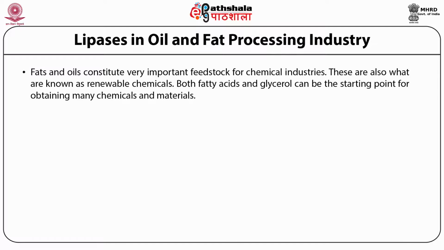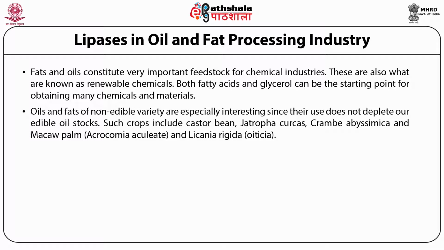Fats and oils constitute very important feedstock for chemical industries. These are also what are known as renewable chemicals. So both fatty acids and glycerol can be the starting point for obtaining many chemicals and materials. Oils and fats of non-edible variety are especially interesting since their use does not deplete our edible oil stocks.